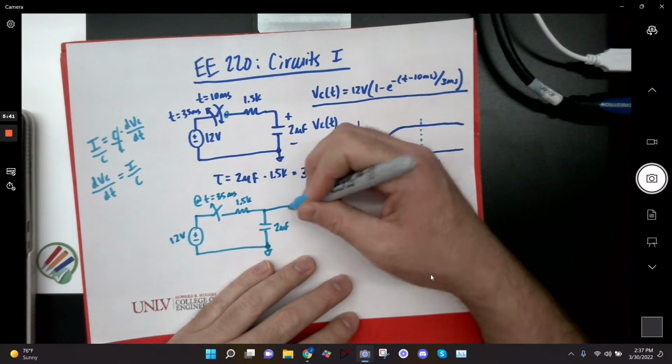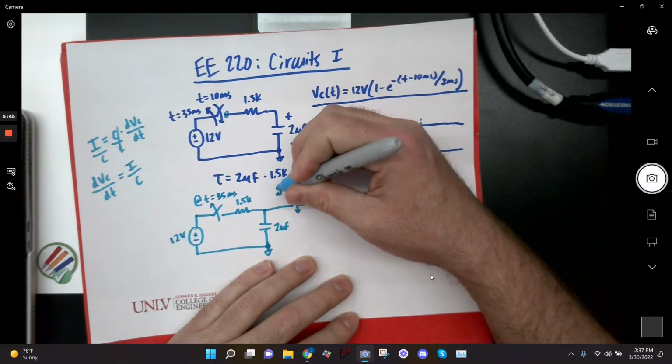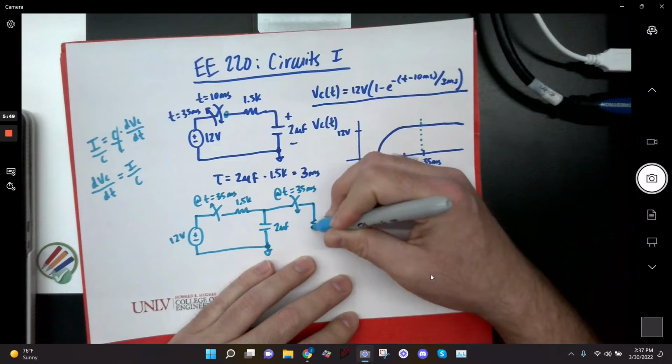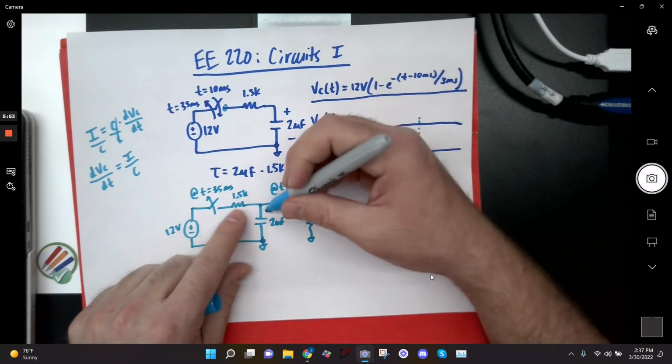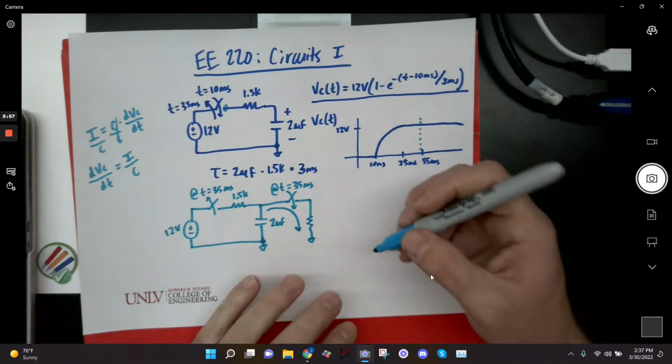You could add another portion to this circuit with a switch that closes at 35 milliseconds and put a resistor here to ground so that when that switch opens, this switch closes and the capacitor can discharge to ground through this resistor. Yes?